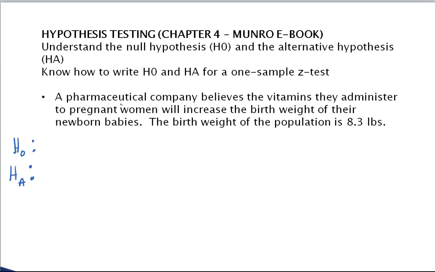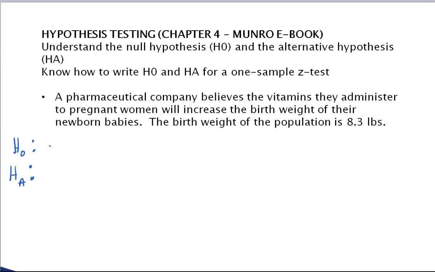So we have this scenario with a pharmaceutical company. The pharmaceutical company believes the vitamins they administer to pregnant women will increase the birth weight of their newborn babies. The birth weight of the population is 8.3 pounds. So I can write this as the null. The null hypothesis means no change.